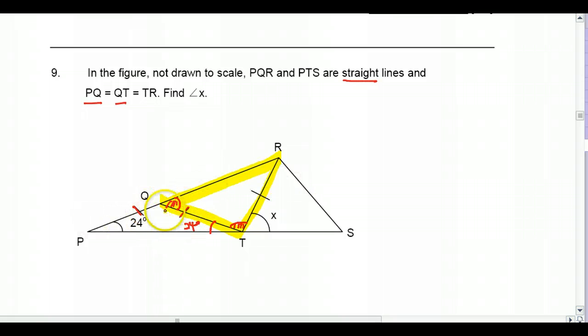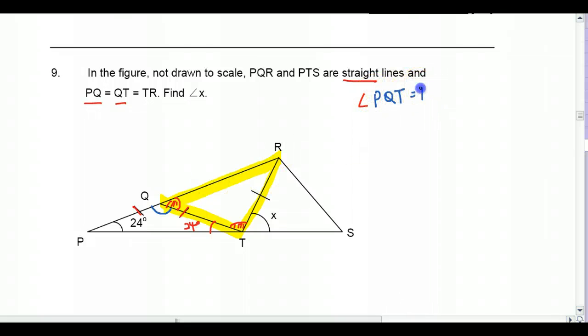There are 2 ways to find angle TQR. So first I want to find angle TQR. If I know this is an isosceles triangle, I can find this angle, which is angle PQT.